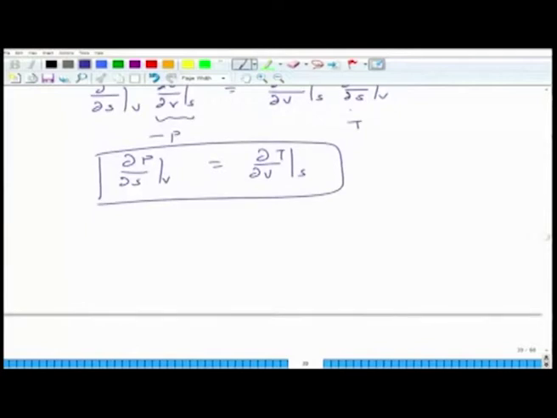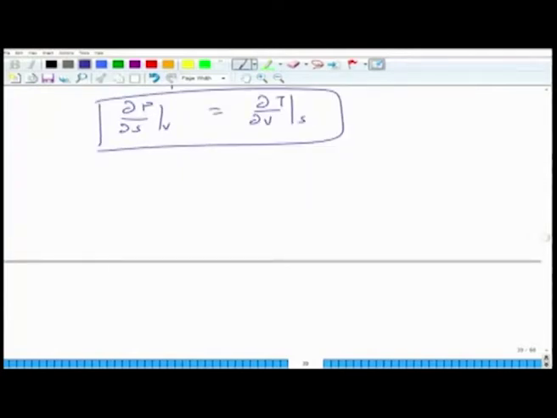You can simply make use of the fundamental equation in differential form for different thermodynamic functions and directly use a basic general property such as what I am going to write here.